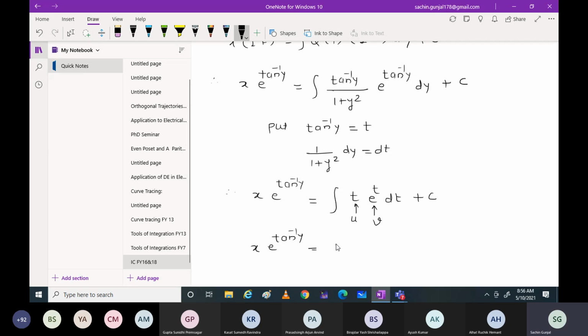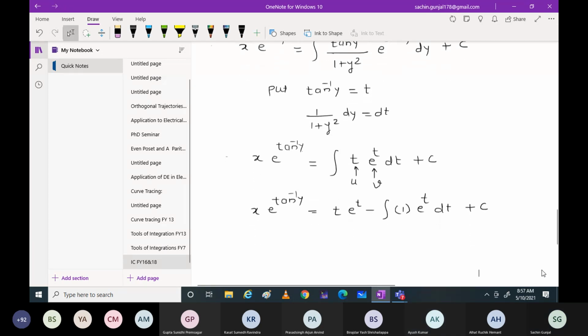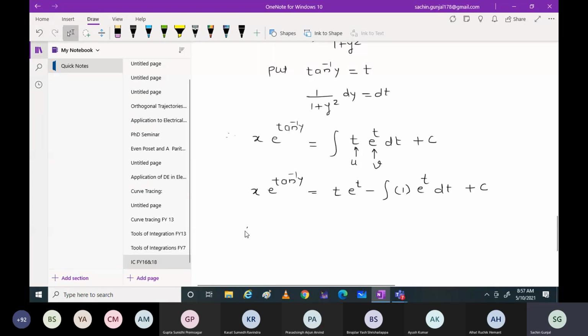So t into integration of e raised to t, which is e raised to t, minus integral of derivative of the first function into integration of the second, whole dt. So therefore, x into e raised to tan inverse y is equal to t e raised to t minus e raised to t plus c.